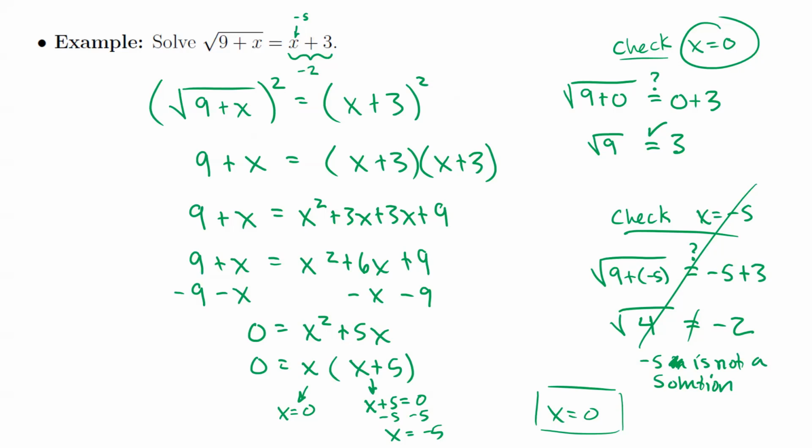And furthermore, why is it that it ends up giving a fake solution? In other words, why are we tricked by it? Well, the reason is because if you take something like the square root of 9 plus x and set it equal to putting a -5 in there, and you square both sides, well, if you plug a -5 in, that's the square root of 4, -2, and then if you square both sides, it makes everything okay, doesn't it?